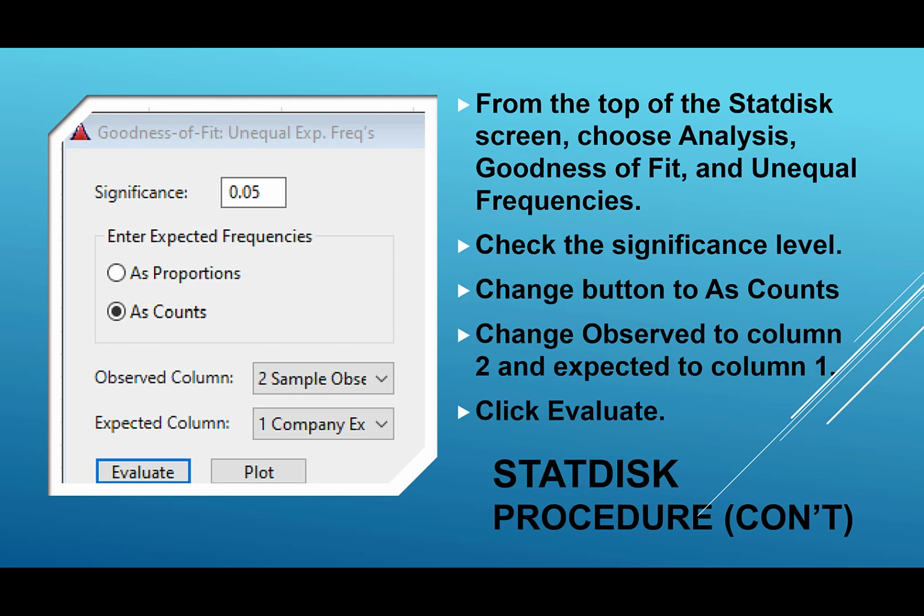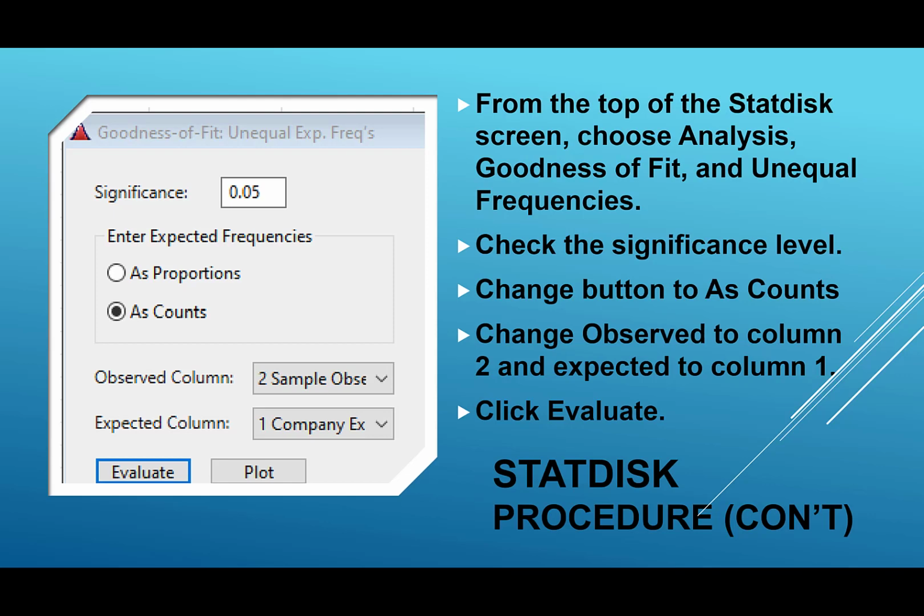The next thing that we need to do is to tell StatDisk which column contains the observed and the expected frequency. So remember, I put my observed sample data in column 2 and my company expected values in column 1.